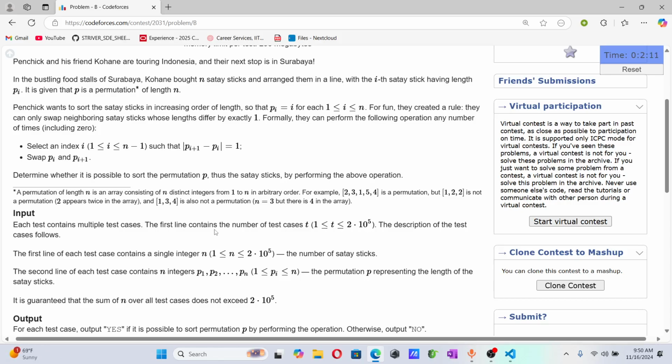So if one is at some position and you have to move it to the left, two should be just adjacent to the one on the left. So you swap those two, and now one is one place to the left and two goes behind one. So now you can't swap one from there at all. You can't get two, right?